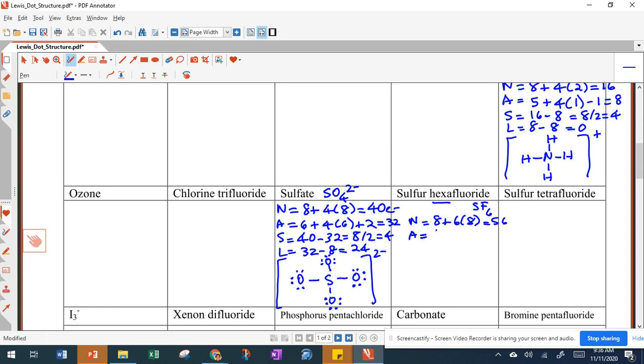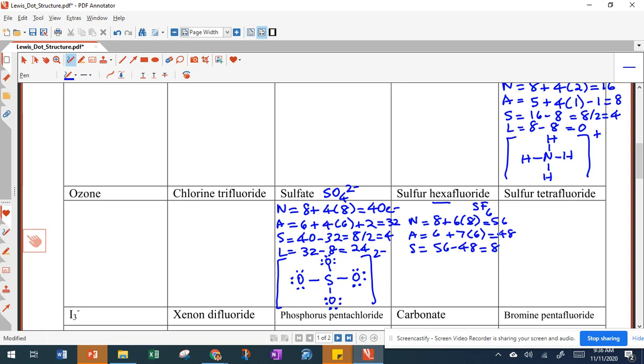Available would be 6 plus 7 times 6. That would give us 48 electrons. So if we do our shared, we have 56 minus 48. That gives us 8 electrons, and that would tell us we only have 4 bonds.